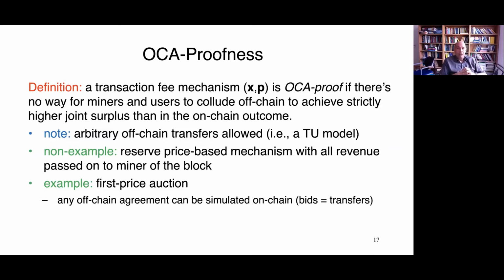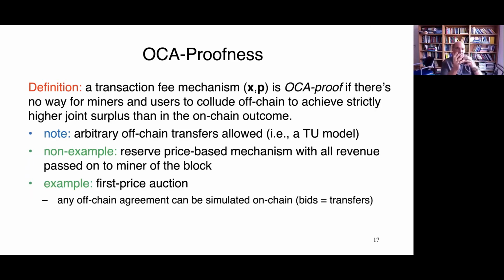The reason is that there could be a side agreement. The miner basically just says, look, everyone, go ahead and submit a bid. So suppose the reserve is 10. And a lot of people are willing to pay 7, but are not willing to pay 10, say. So the miner will basically just advertise, look, everybody, just bid 10 in the mechanism so that at least you're eligible for inclusion. And then if I include you, I promise you I will refund the difference.